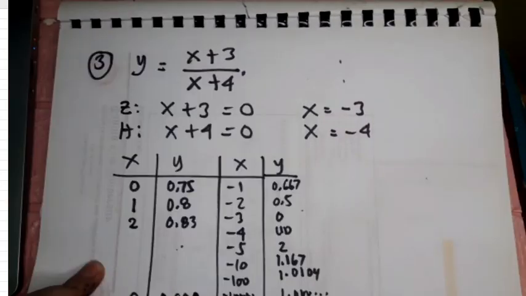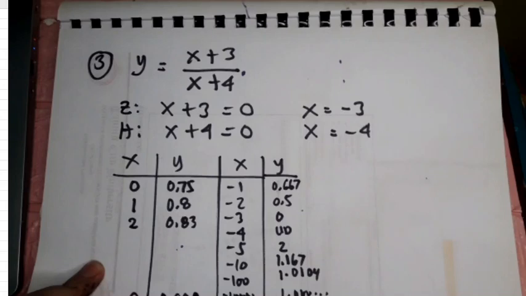We have negative 3 here, that is 0. So this is like this. So we have 0 at negative 3. We have the other at negative 4. So x at negative 4.